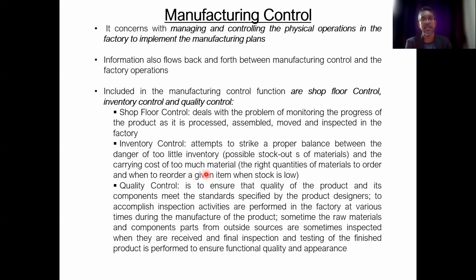Inventory control attempts to strike a proper balance between the danger limit of the inventory. They have a limit, they call it the danger limit. So the stock inside the production, the warehouse in the production, is also based on inventory control.